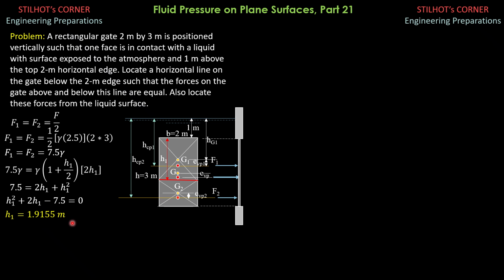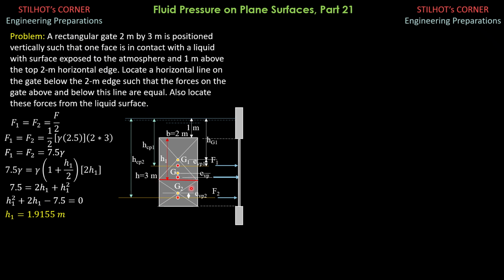So the final answer may be reported as 1.916 meters, but I'll just use 1.9155 meters so that we can have accurate values for HCP1 and HCP2. We will round that to four significant figures.